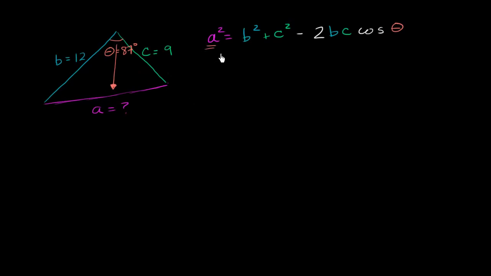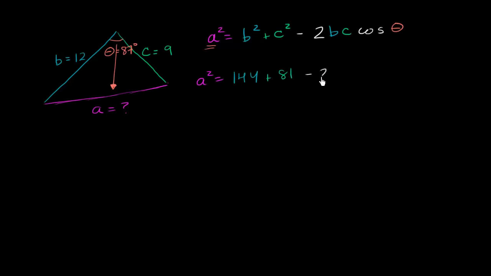So now let's solve for a, because we know what b, c, and theta actually are. So a squared is going to be equal to b squared, so it's going to be equal to 144 plus c squared, which is 81, so plus 81 minus 2 times b times c.